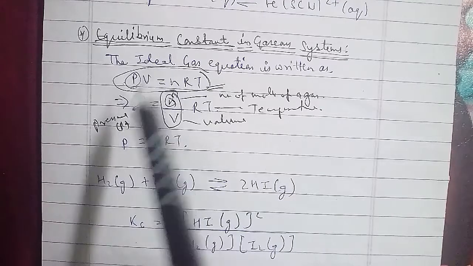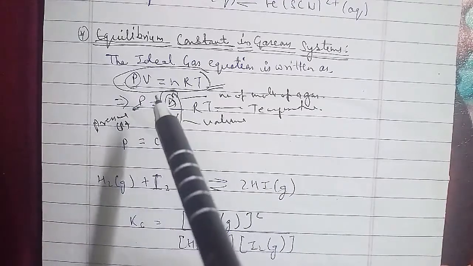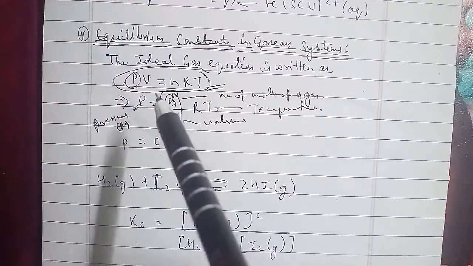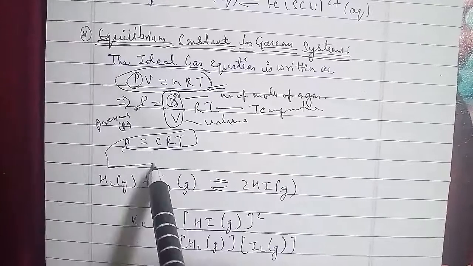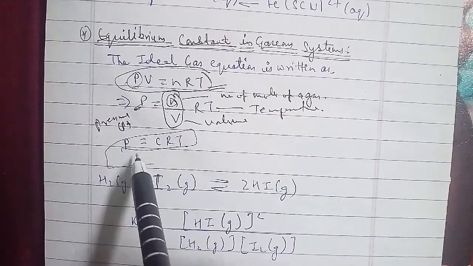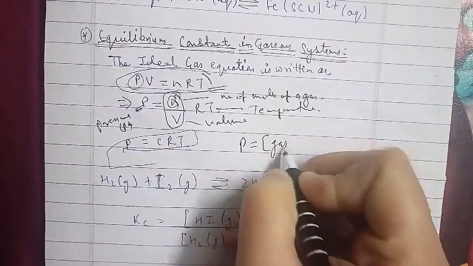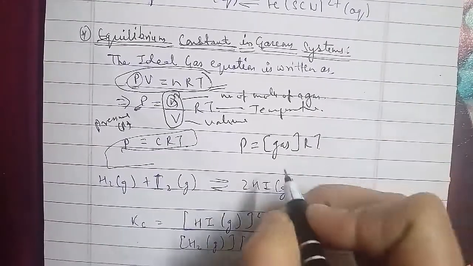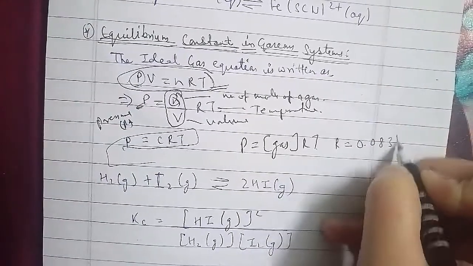In reference to P equals CRT, we can also say that P equals [C]RT, and here we will put the value R equals 0.0831 bar liter per mole Kelvin. At a constant temperature, the pressure of the gas is proportional to the concentration, that is, P is directly proportional to the concentration of the gas.